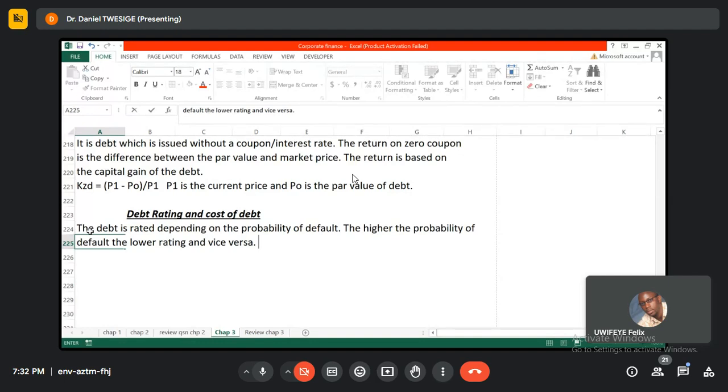So the risk in the probability of default, or the loss given default, is measured by what we call the credit spread. The higher the spread, the higher the risk. The lower the spread, the lower the risk.